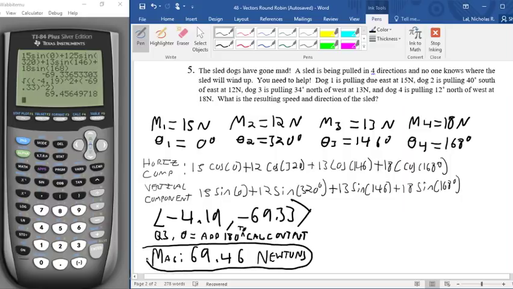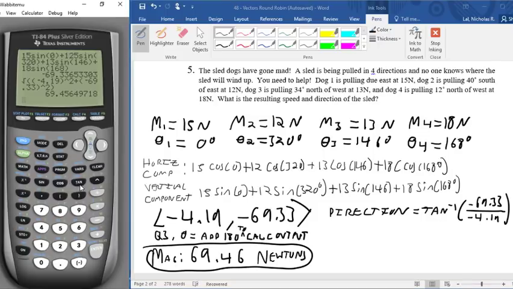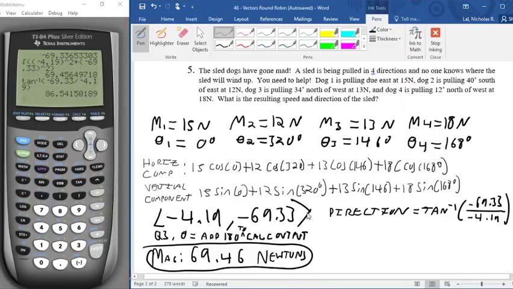And our direction is going to be equal to the inverse tangent of negative 69.33 over negative 4.19. So we're going to find the inverse tangent of negative 69.33 divided by negative 4.19. That's going to be 86.54.